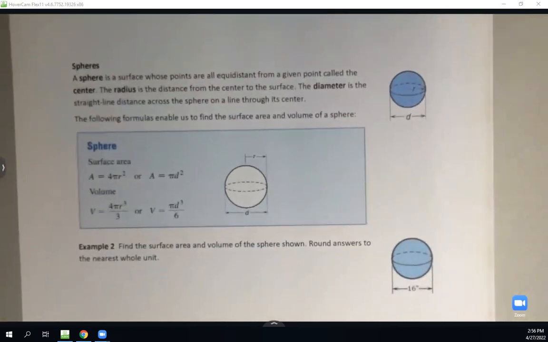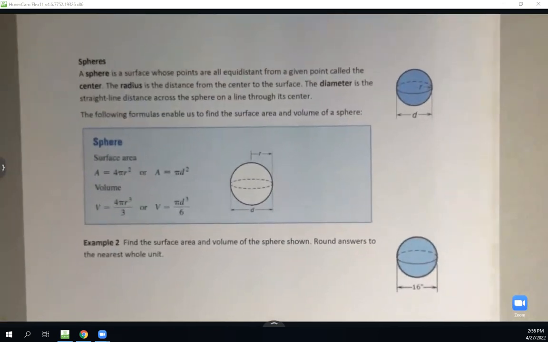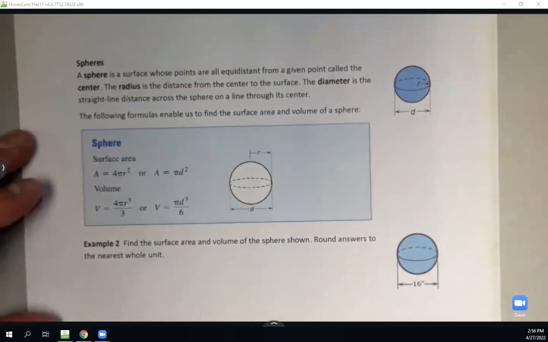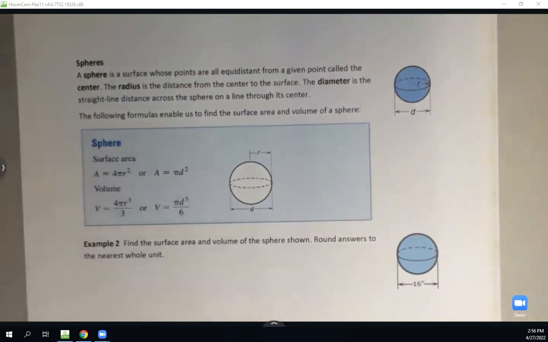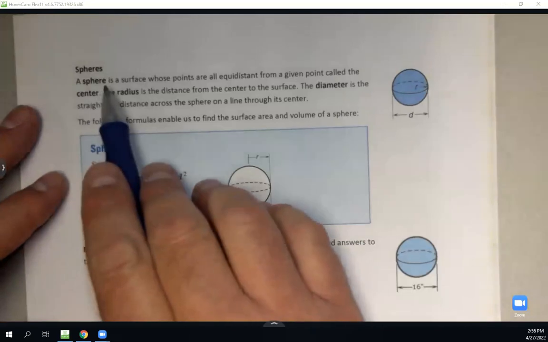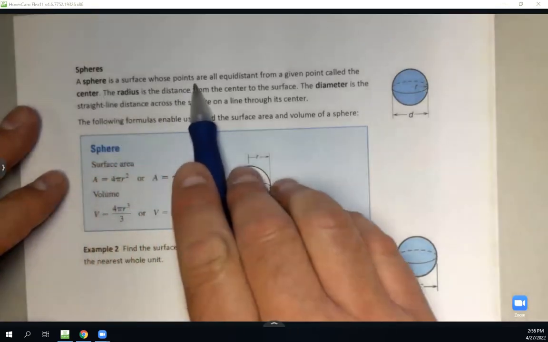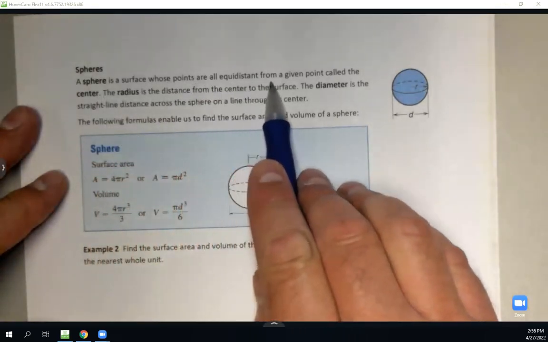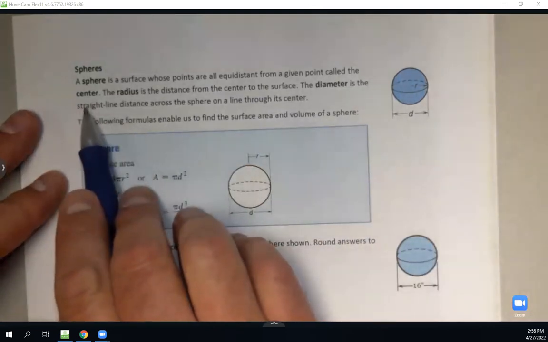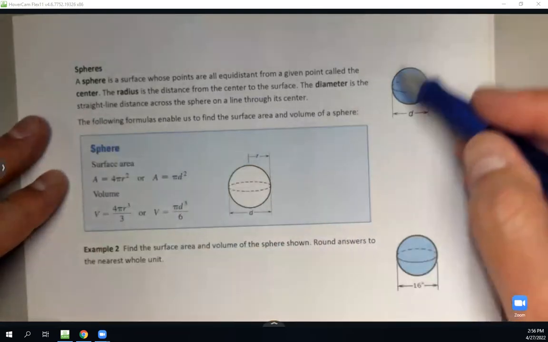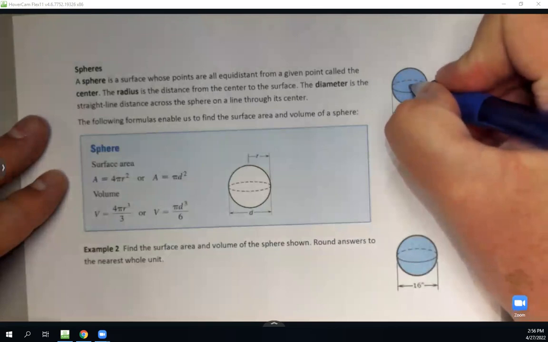Now we also have spheres. What's a sphere? Well, a sphere is just like a ball, right? A sphere is like the three-dimensional version of a circle. A sphere is a surface whose points are all equidistant from a given point called the center. So if you picture the ball here, you got a center.